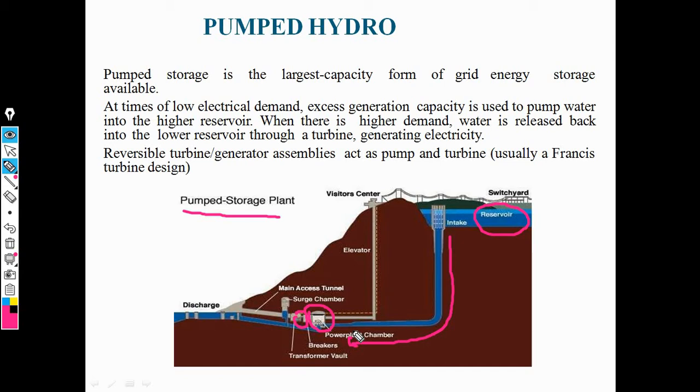Now this AC supply is given to the transformer, and the transformer section is shown here. Also, we have to connect a circuit breaker. The main function of the circuit breaker is to close and open the circuit with the help of fixed and moving contacts.